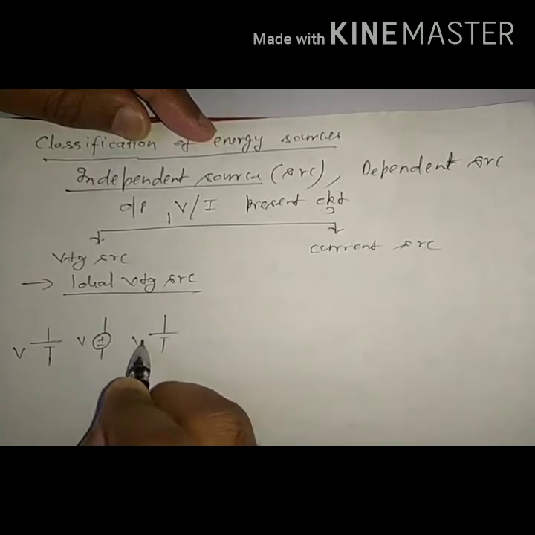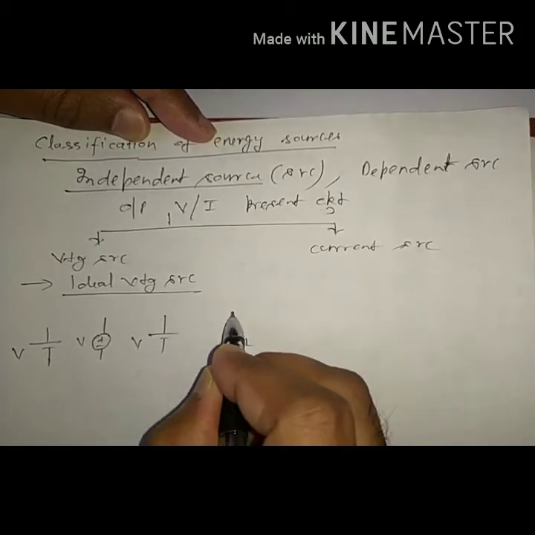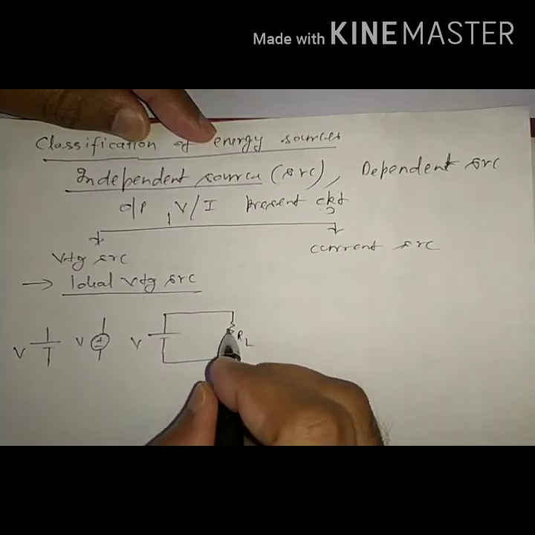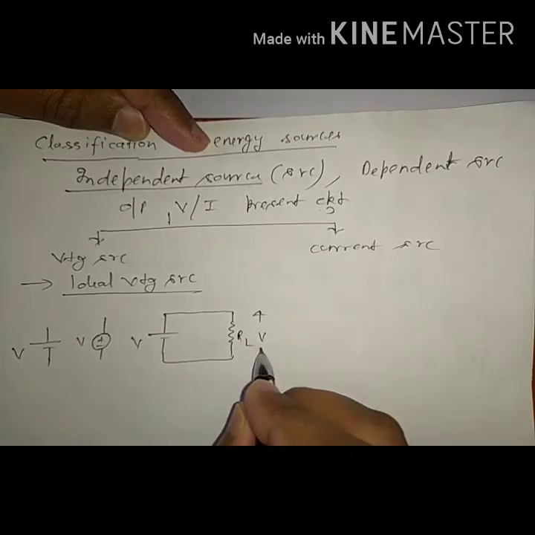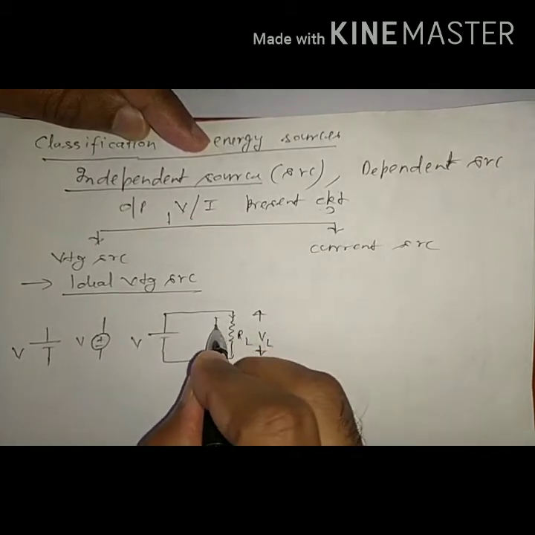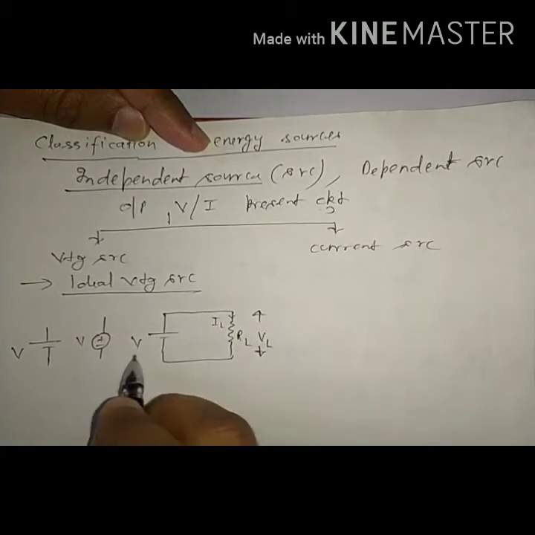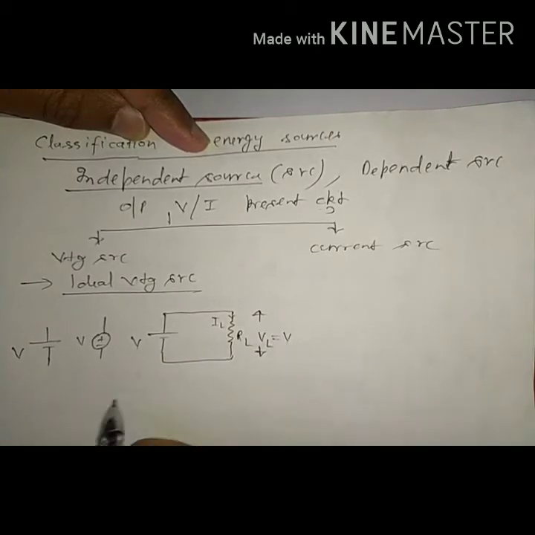If I have a voltage source V and a load resistance RL connected across it, the voltage across the load is VL and the current flowing in the load is IL. If I measure the load voltage, it will be what? VL equal to V only.